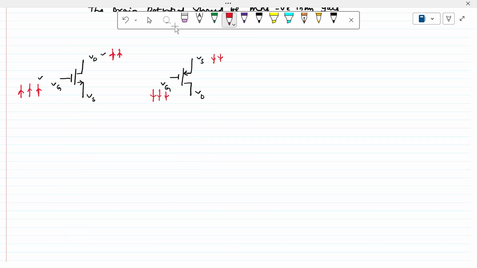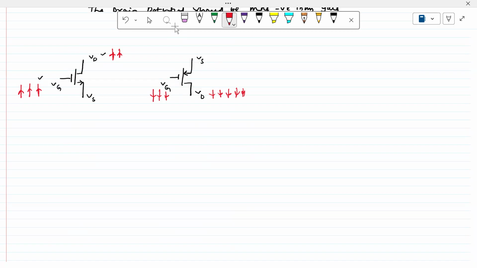But in the PMOS, if the drain potential is decreasing more and more, more negative than that of the gate, it is in the saturation region.